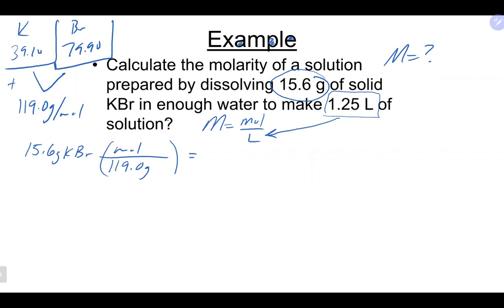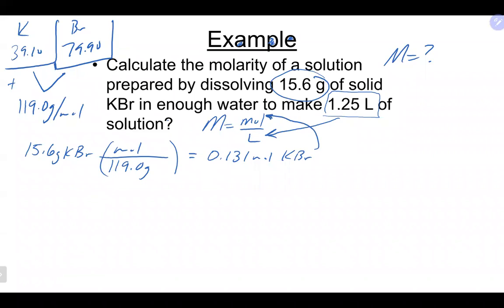That's 15.6 divided by 119, which gives us 0.131 moles of KBr, the top part of what we need.